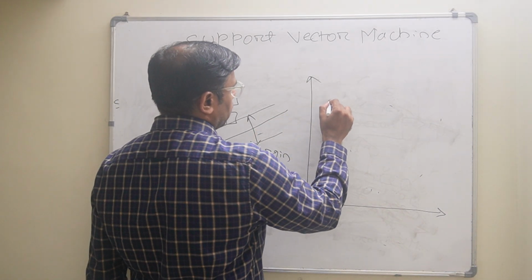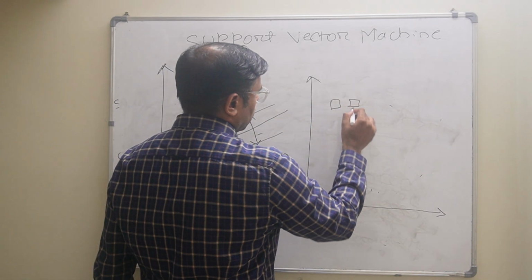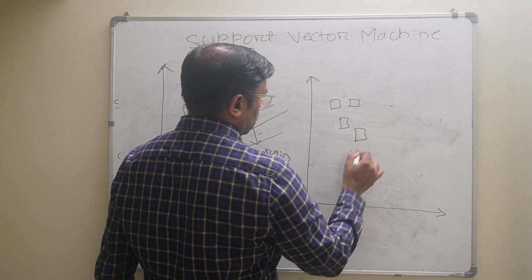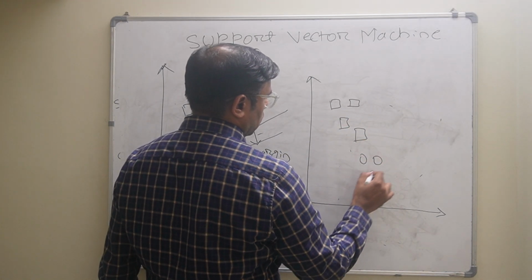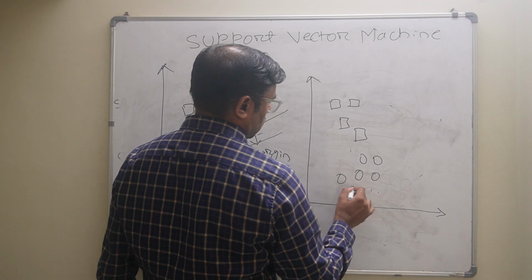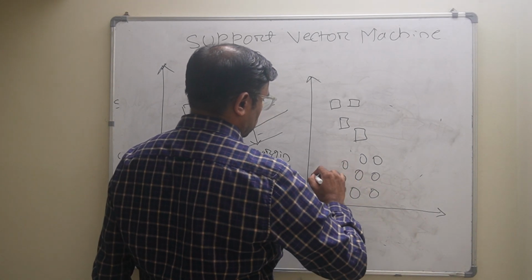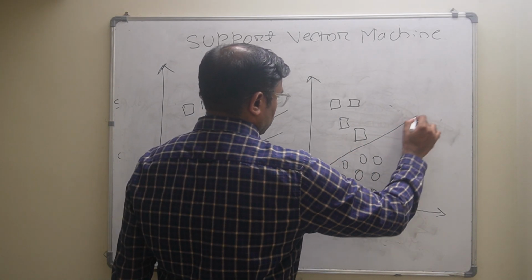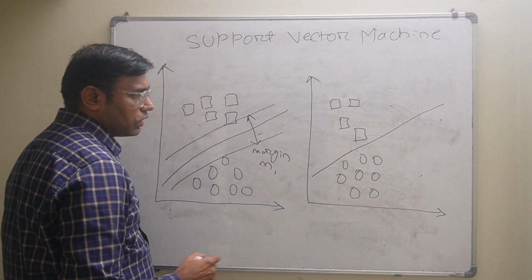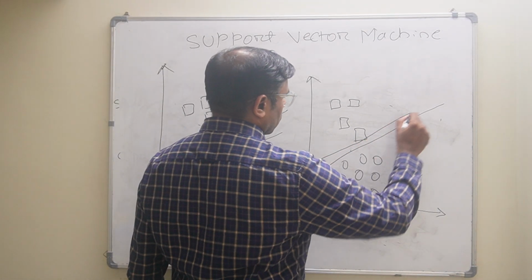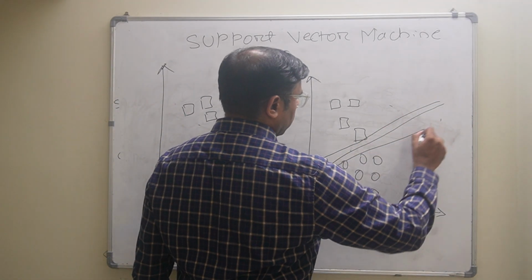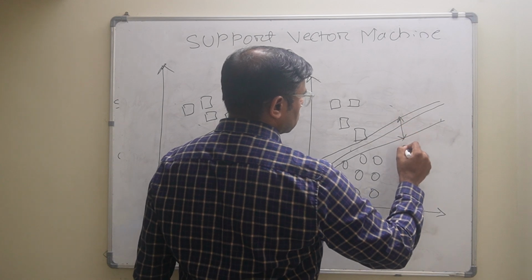Then there is one more diagram. So here if you look at the margin, again you can draw the margin, but the length of the margin is M2.